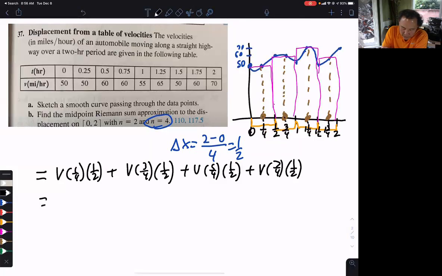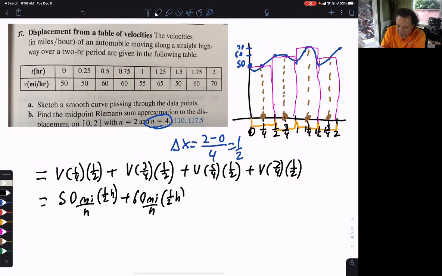And we're almost done. Now we look at our table. What's the velocity at 1/4? 50. 50 miles per hour times a half hour, plus, and then at 3/4, I get 60. So it's 60 miles per hour times a half hour.